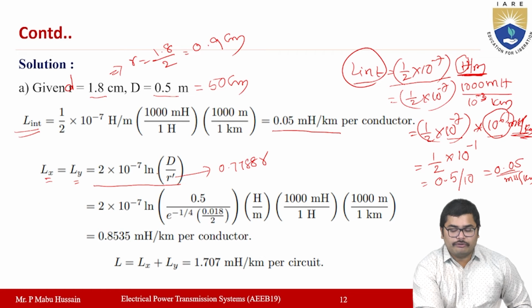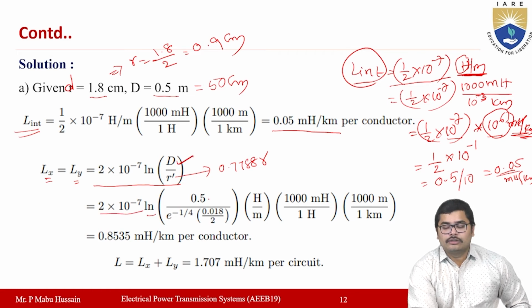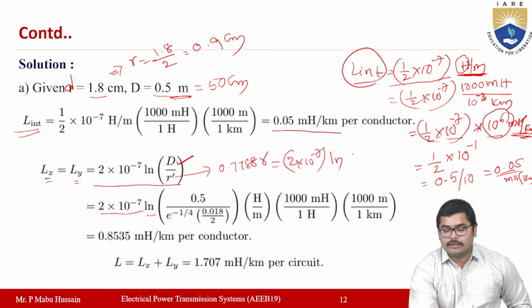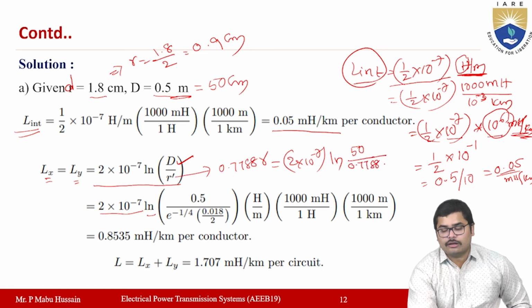Now you substitute the values here: 2 into 10 power minus 7 ln, where D here is nothing but 0.5 meters, or you can directly consider it to be 50 centimeters. So this will be equal to 2 into 10 power minus 7 ln of 50 centimeters by r dash, which is 0.7788 times r, and the R value is 0.9.